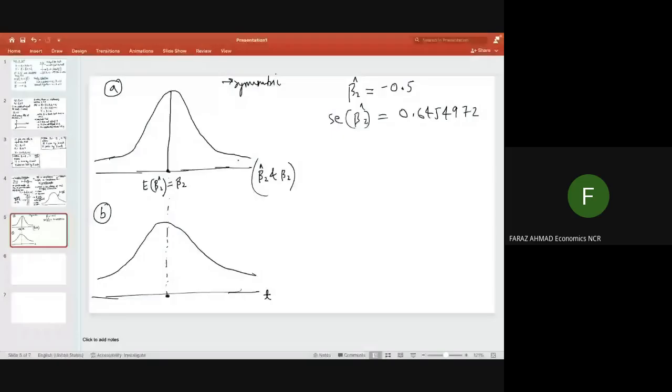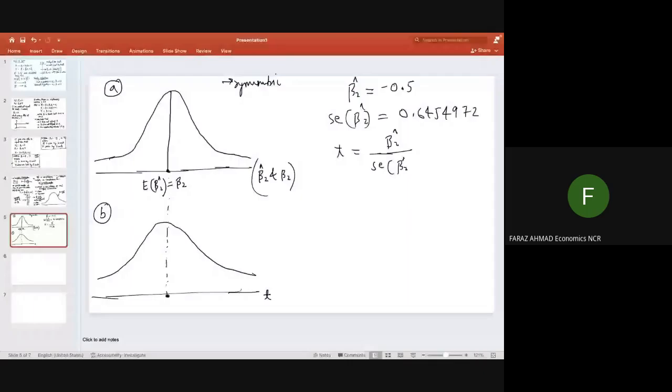So we have different scale according to x and y values as regards to beta 2 hat and beta 2, right? What we do is we convert it to t values, right?